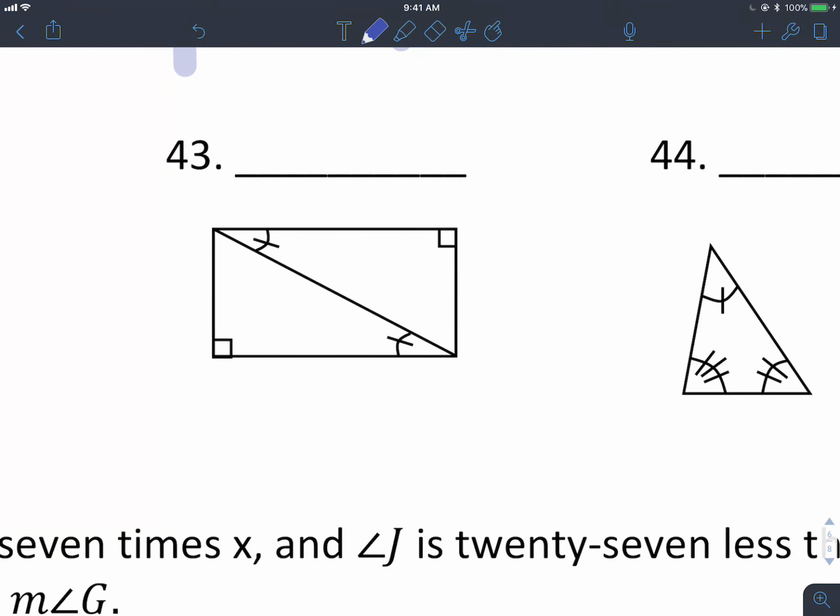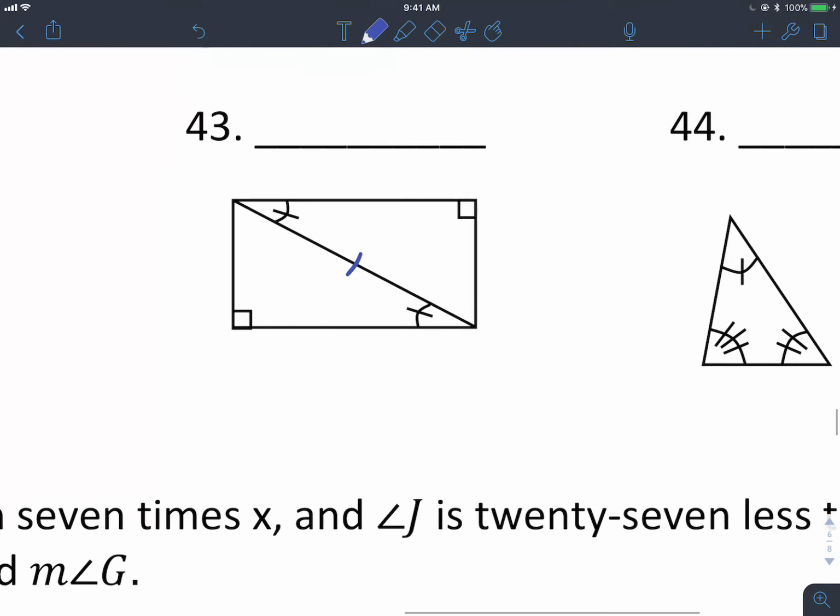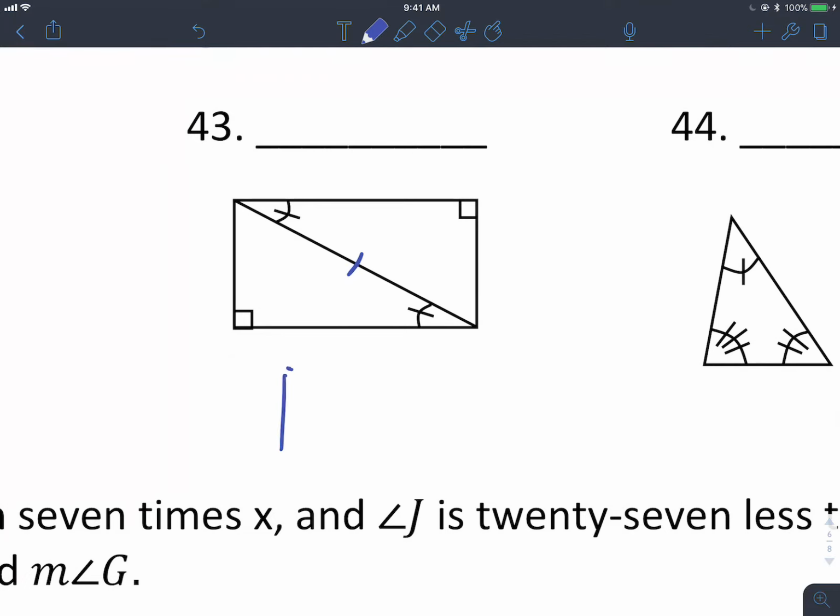Number 43. So number 43, we are going to have that reflexive side in the middle. Again, don't let that right angle trip you up. I know it looks like it could be HL, but you have a right angle, this angle, and then the side. You don't have a leg, so this can't be HL because all you have is your hypotenuse.